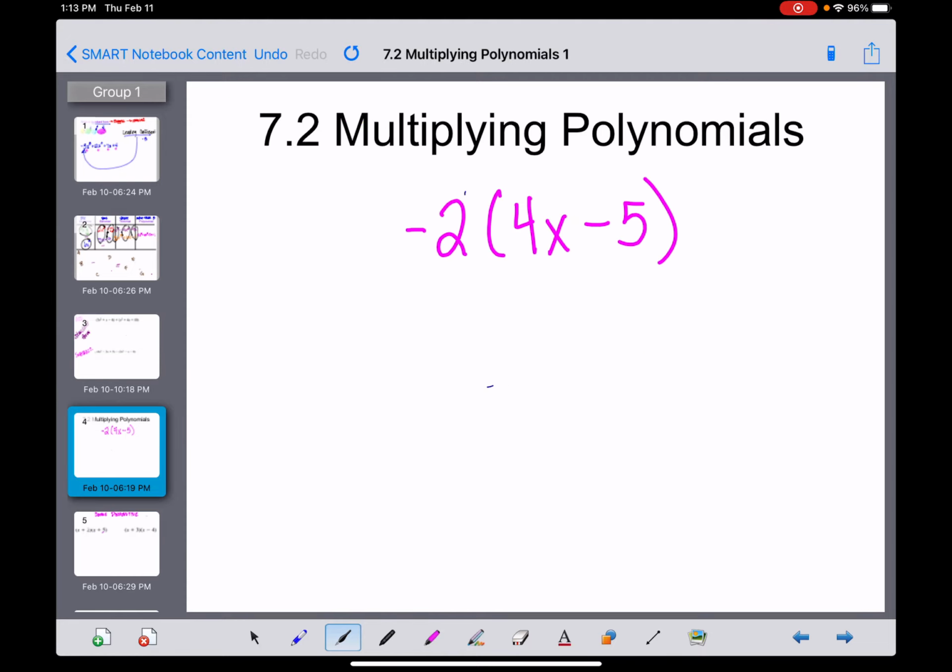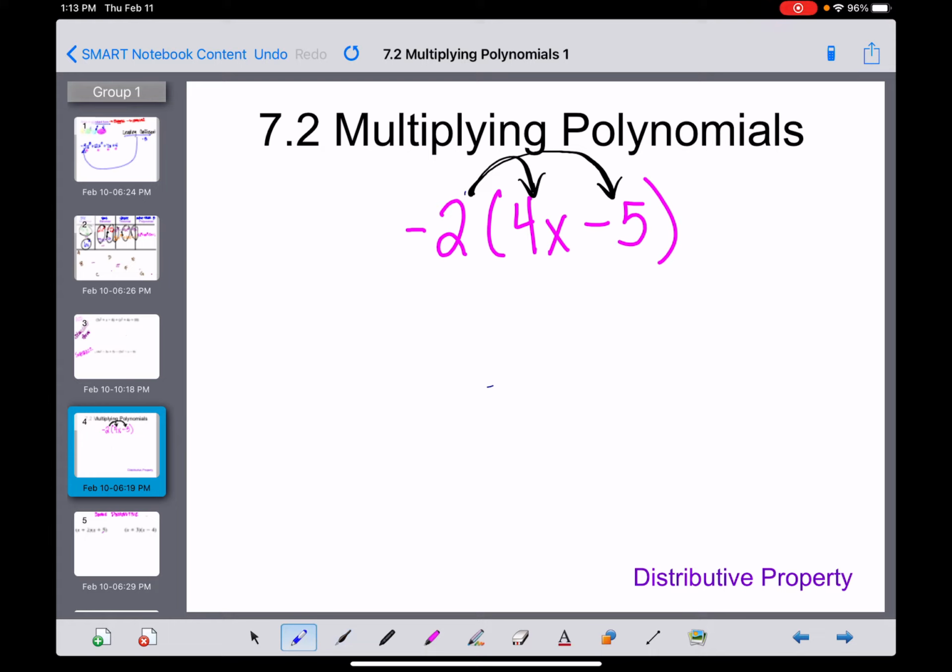This should look familiar when we're going to be multiplying polynomials. We've had values on the outside of a set of parentheses, and we use the distributive property to simplify. So the distributive property means that the negative 2 is going to multiply everything inside of the parentheses.